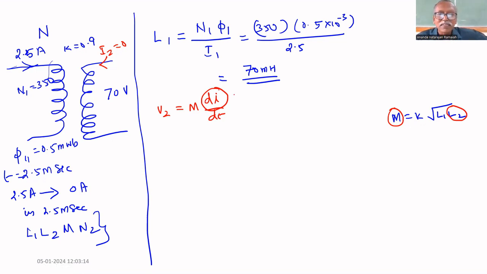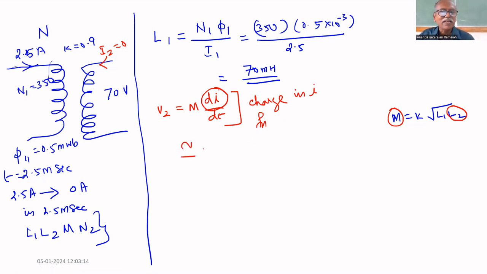Because as engineers, we should understand the meaning of mathematical notations. The meaning of di by dt is the change in current for an infinitesimal change in time.